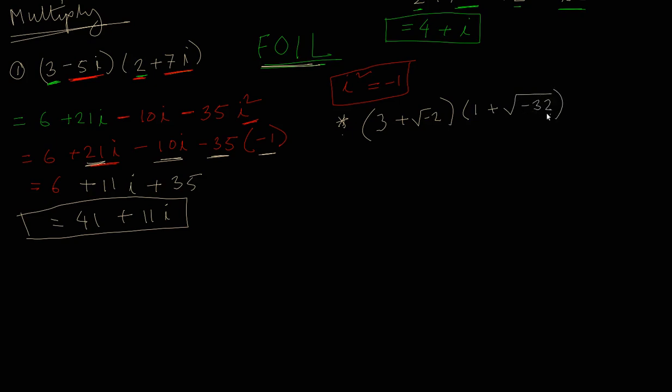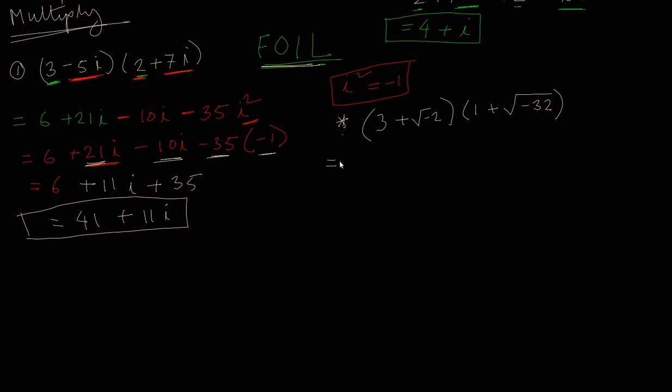Okay, so these are two complex numbers. Now as you can see, these two complex numbers are not using i. So first of all, we'll try to convert this into i.